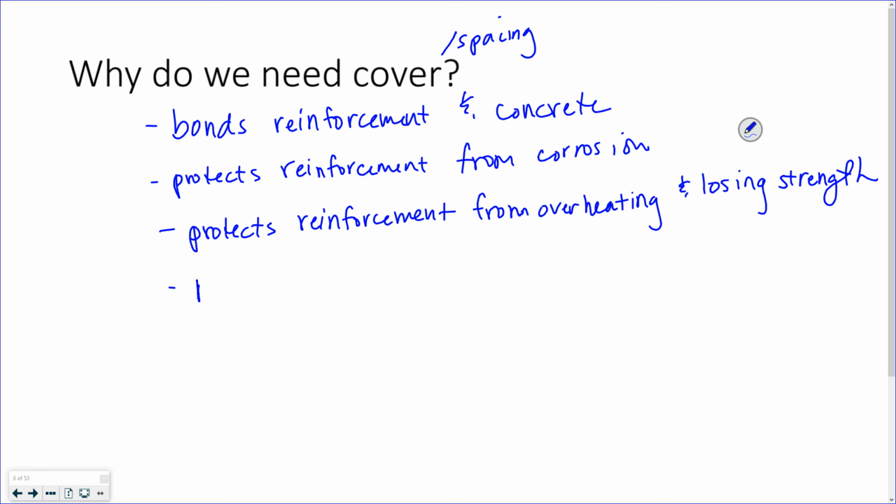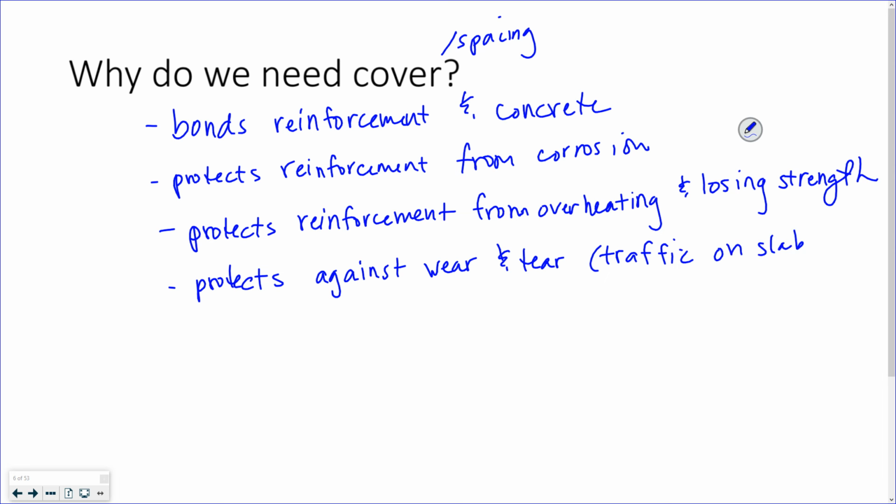It also protects the entire beam from wear and tear, basically, right? Such as foot traffic or car traffic. Probably more car traffic, but like on your slabs.